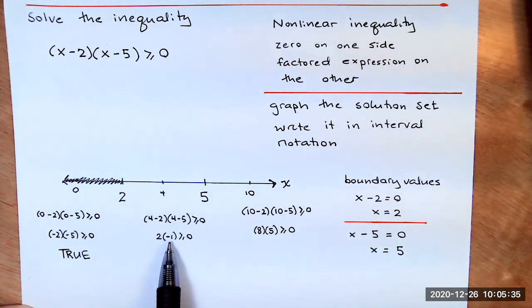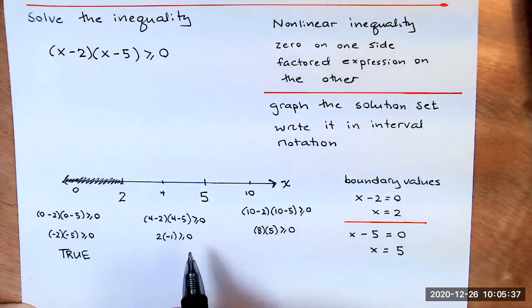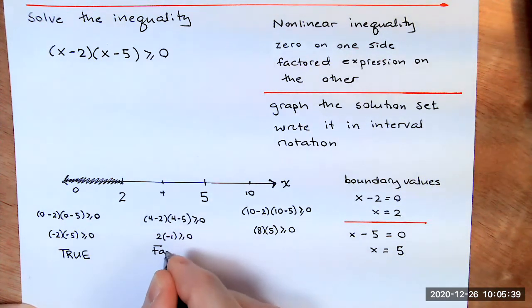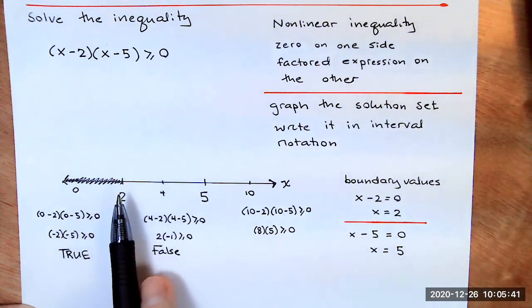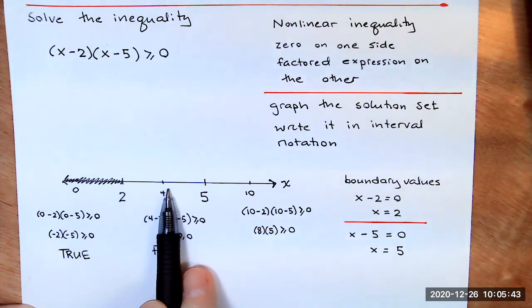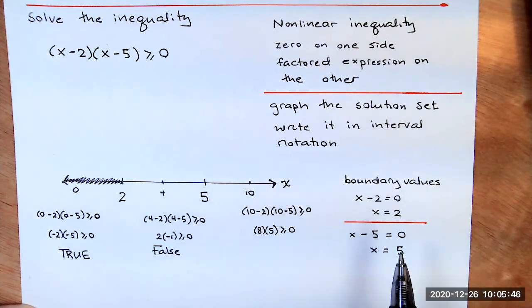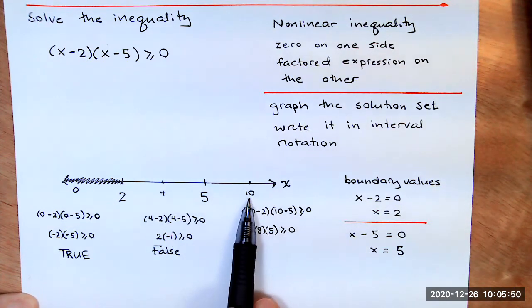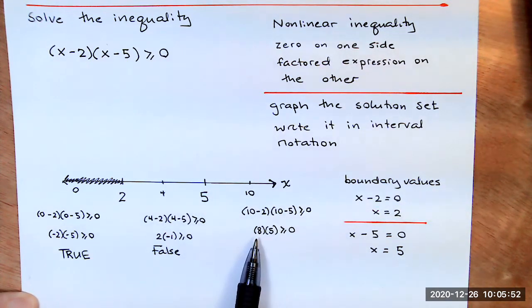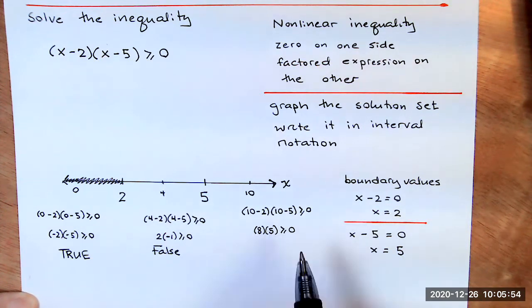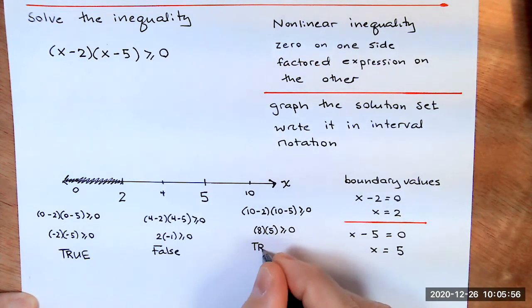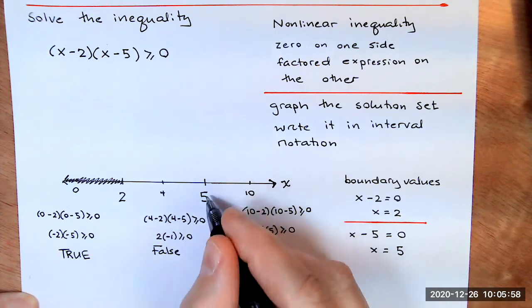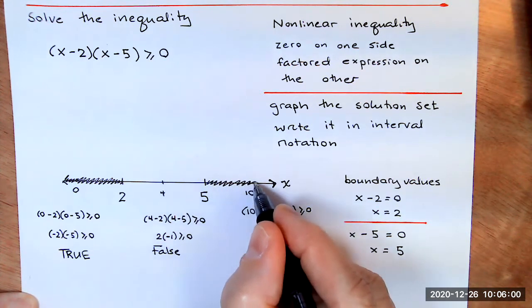Is 2 times -1 greater than or equal to 0? This is a false statement. So these numbers are not included in the solution set. And plug in any number in this region. Put in 10. Is 8 times 5 greater than or equal to 0? That is a true statement. So this region is in the solution set.